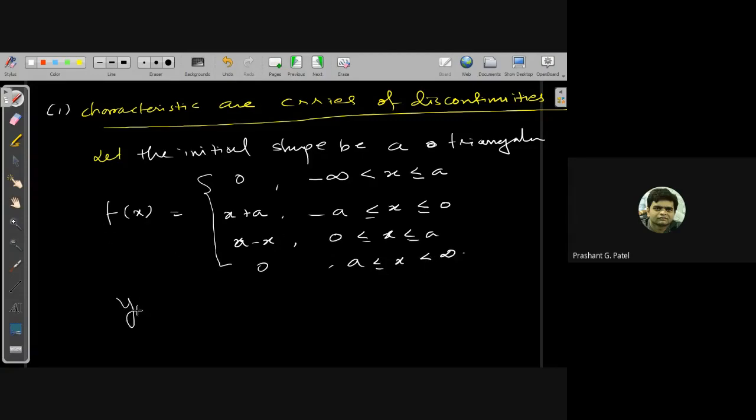So this is the condition for y of x, 0 is equal to f of x.